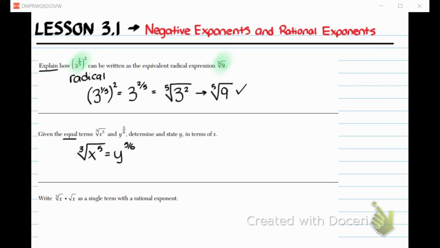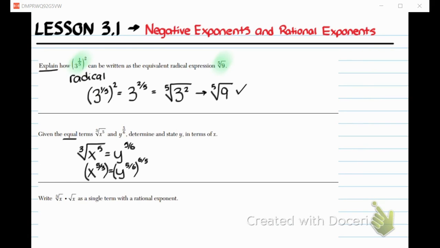So if I change the first radical into a rational exponent, I would get x to the power over root, 5 over 3, equals y to the 5 over 6. Now I have a little issue here because I've got to solve for y. To get rid of the exponent, you raise it to the reciprocal. You raise it to the 6 over 5.